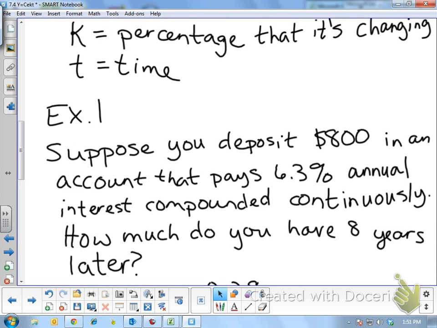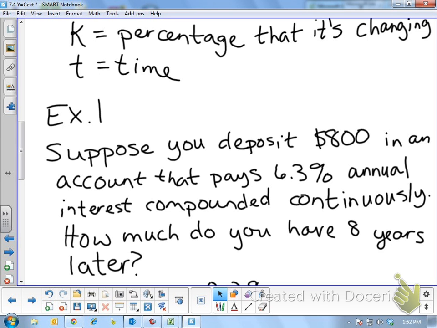So let's look at an example. Let's suppose we deposit $800 in an account that pays 6.3% annual interest, compounded continuously.